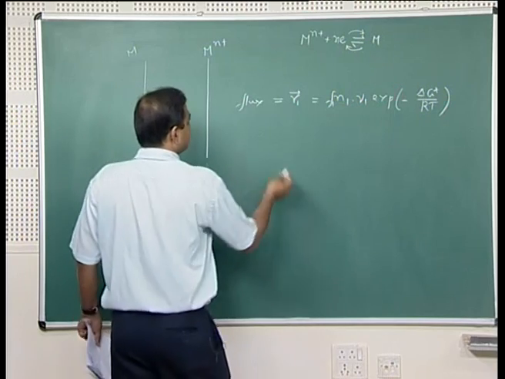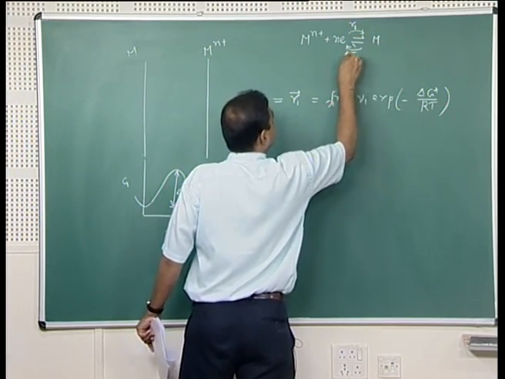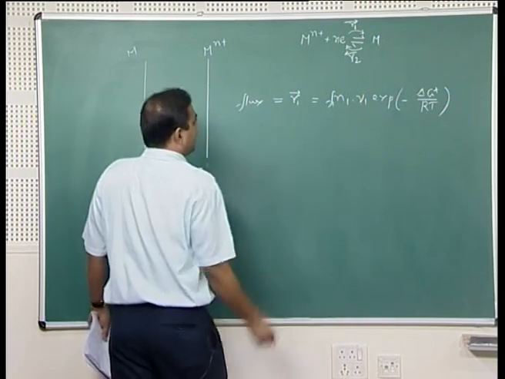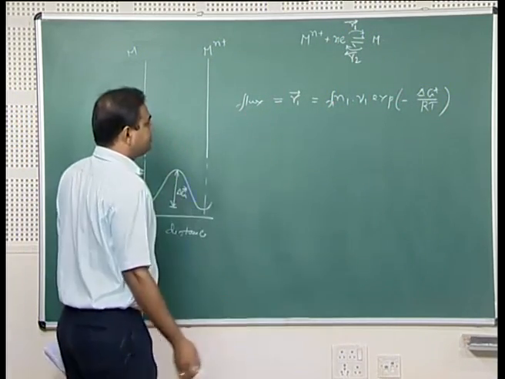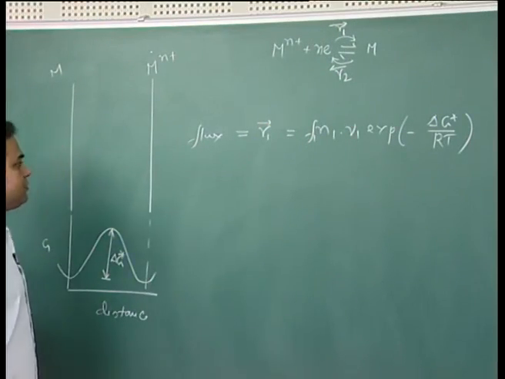Similarly, if you consider R1 as the forward arrow and R2 as the backward arrow, this arrow means it is the forward direction rate or flux, and this is the backward direction rate or flux.